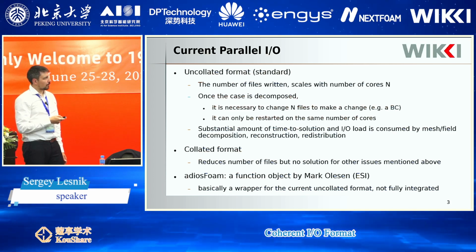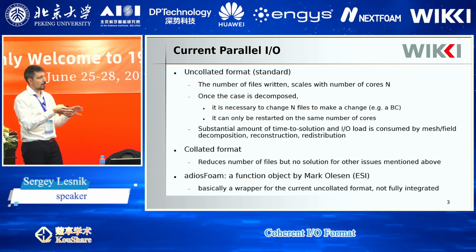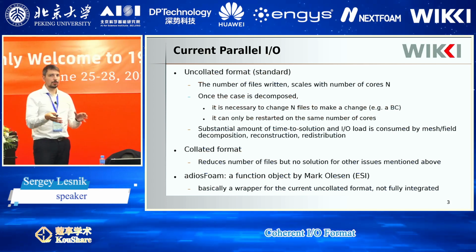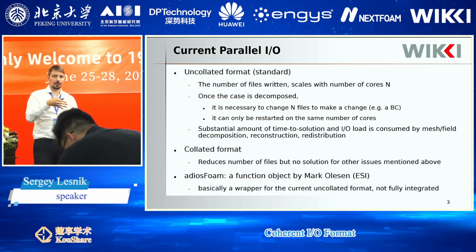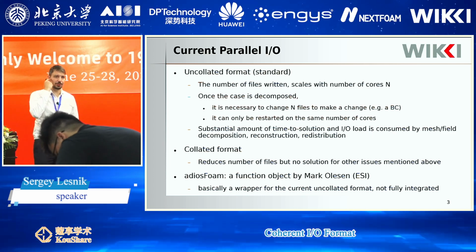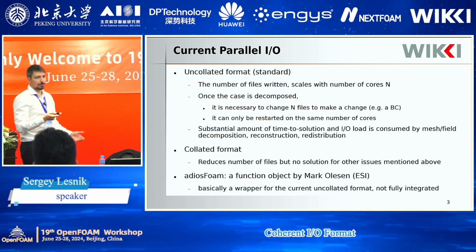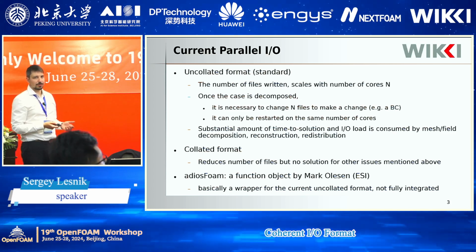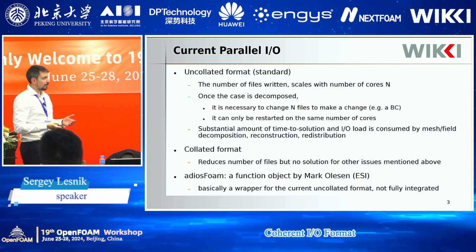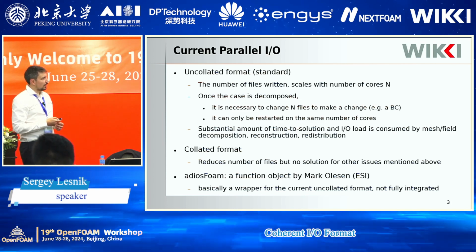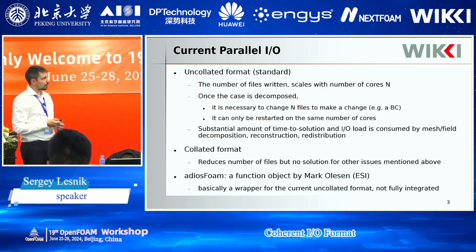Once the case is decomposed, if you want to change something, a boundary condition for example, you need to change it in every file which has this boundary condition. So it's basically n files, and if you have 1,000 processor directories, you will probably write a script. It's inefficient, and it can only be restarted on the same number of cores.